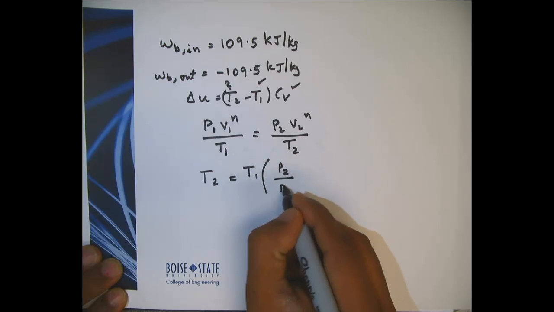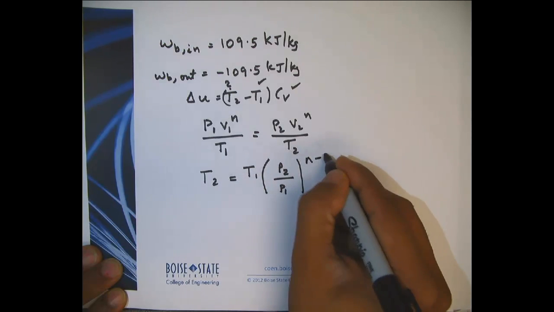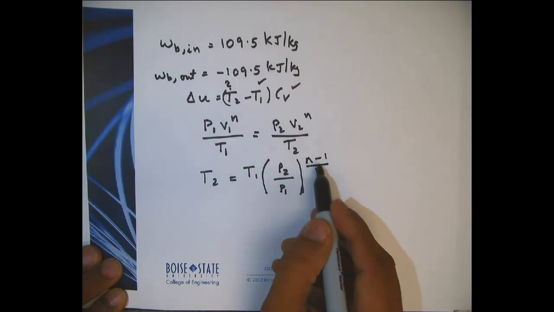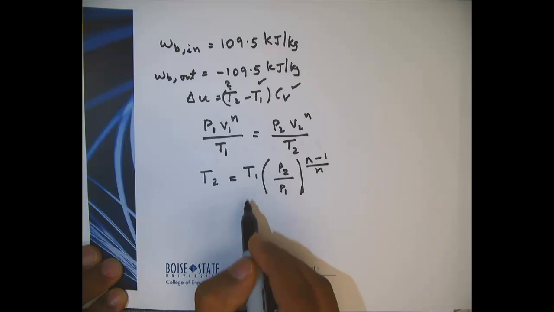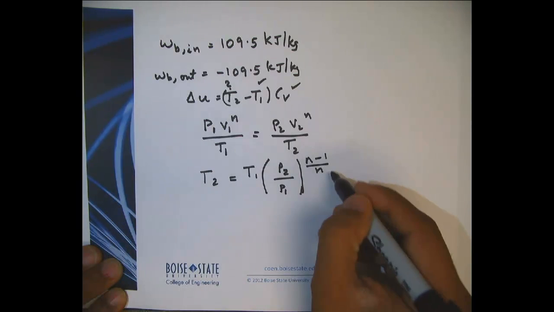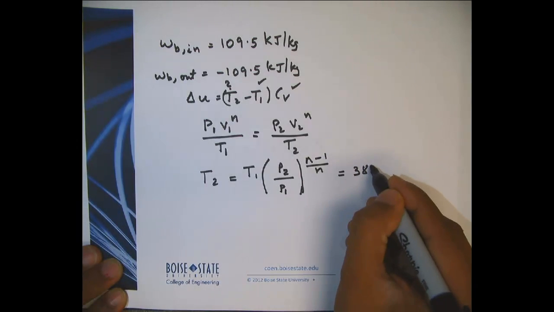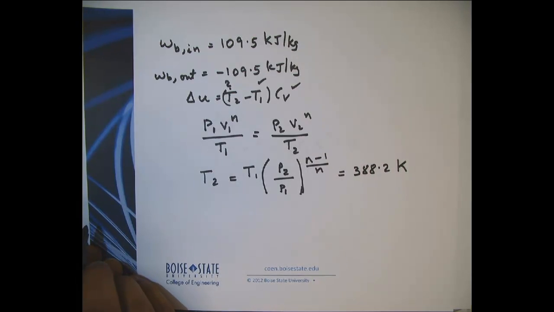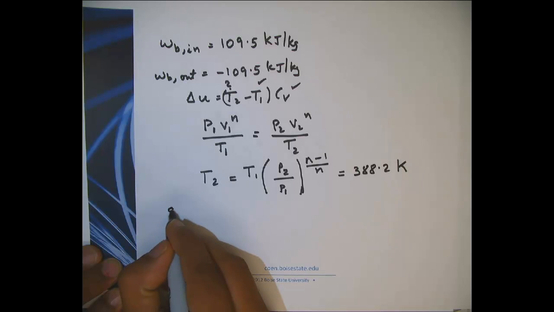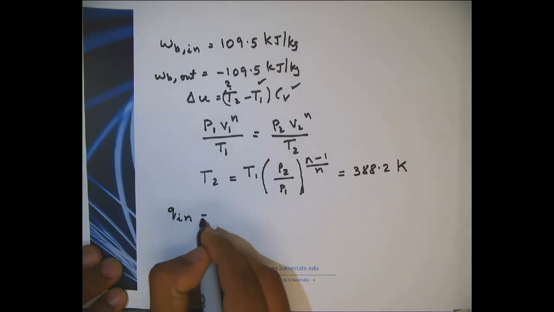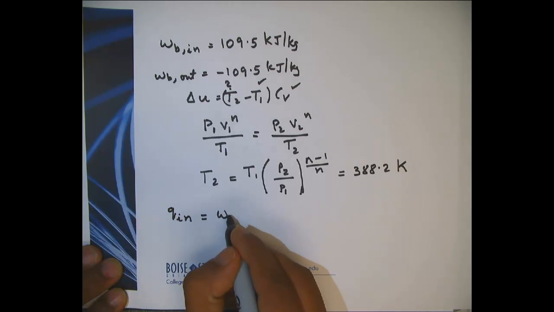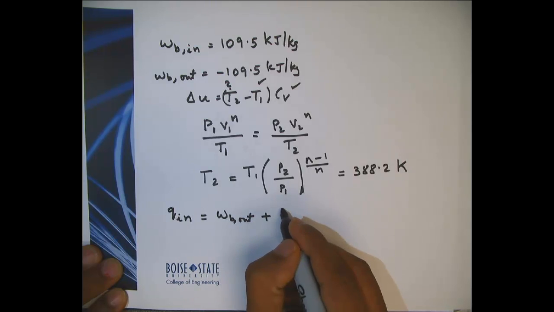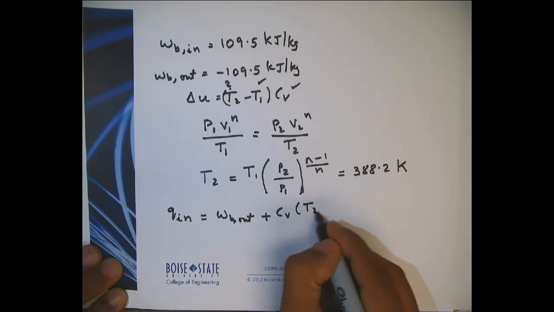I'll let you explore this, and this is what you should end up with. So in this, I know n, I know P2, I know P1, I know T1. So T2 you evaluate to be 388 Kelvin.